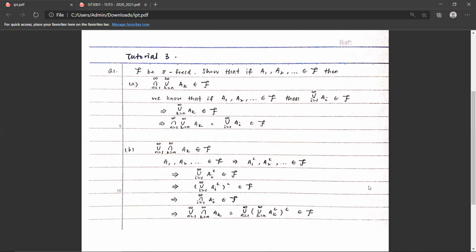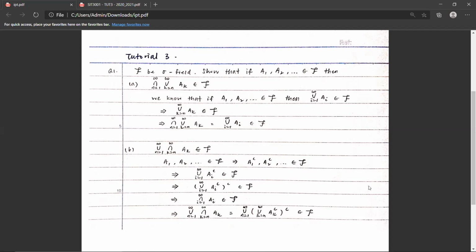You have some sets A1, A2, and so on. You want to show that the operations you applied create sets that still belong in F, right?